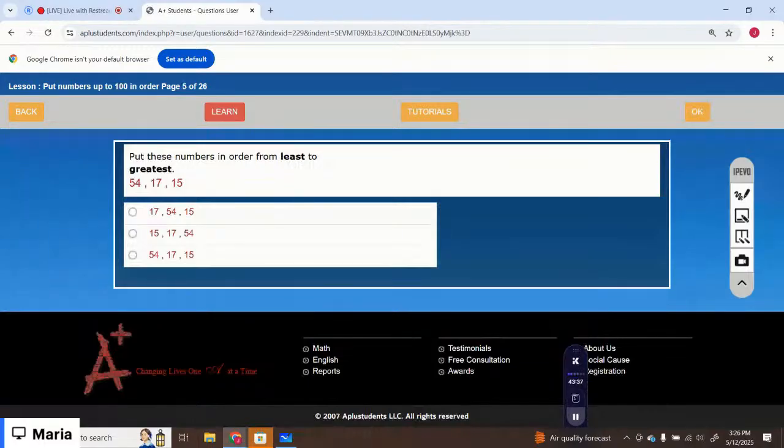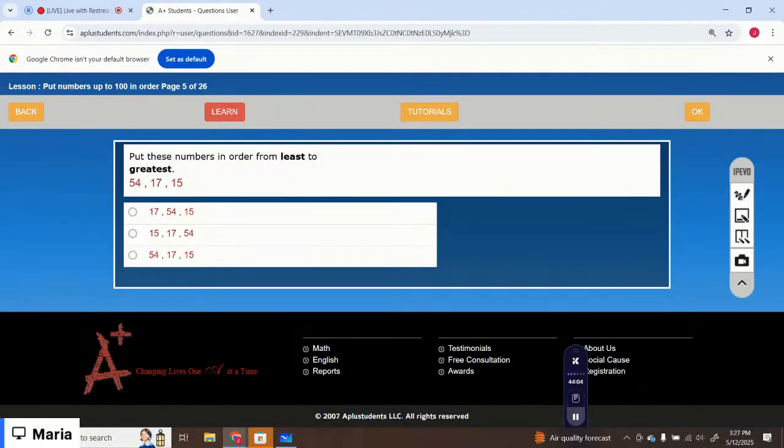Put these numbers in order from least to greatest. From least to greatest.